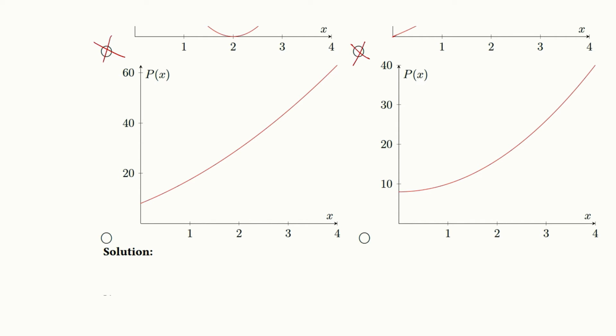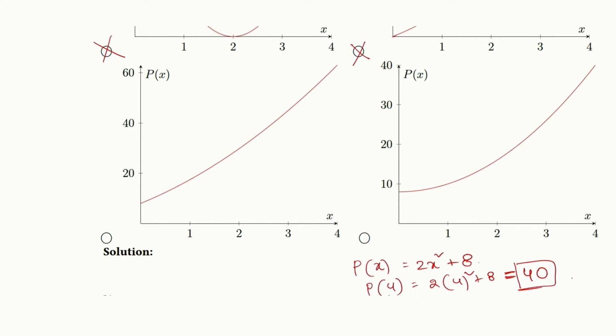Coming to option 3 and option 4. We have the function p of x equal to 2x square plus 8. If I calculate the 4th month, Mr. Mehta receives p of 4 amount in the 4th month, that will give me 2 times 4 square plus 8, which is equal to 40.